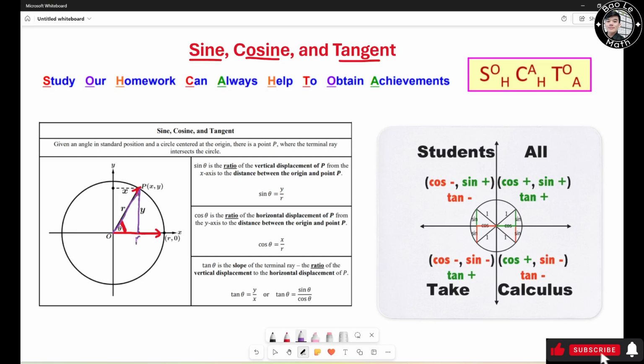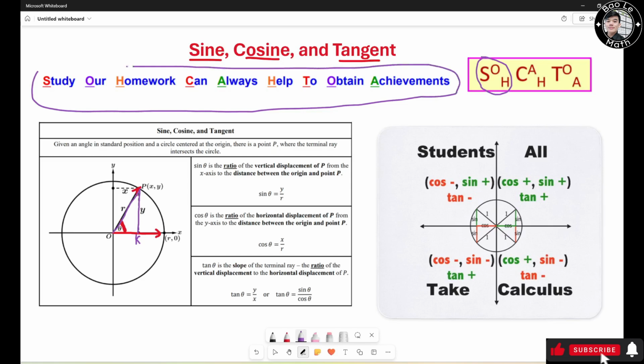I call this K. So sine equals opposite over hypotenuse, right? You have a trick for you to memorize, which is what you learned in the last video. If you want to review our concepts, please check out the videos in the description below.